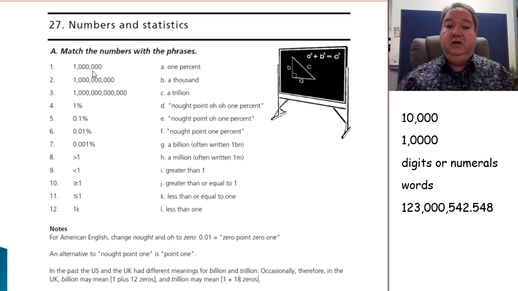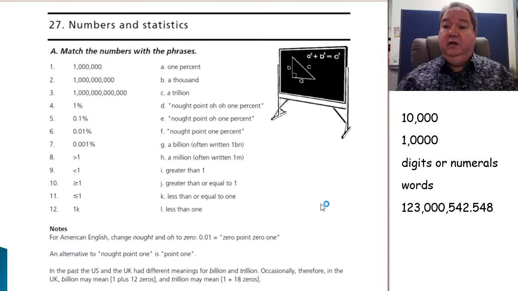So the numbers here on the left, you match these with the correct phrase or words on the right, like we've just been doing. Of course, these involve some mathematical symbols, okay? So you need to make sure that you are familiar with those.